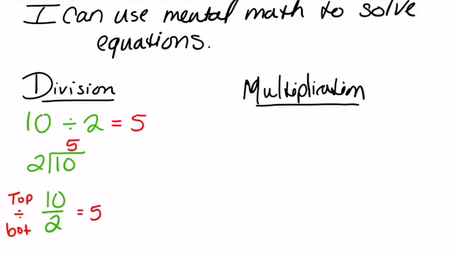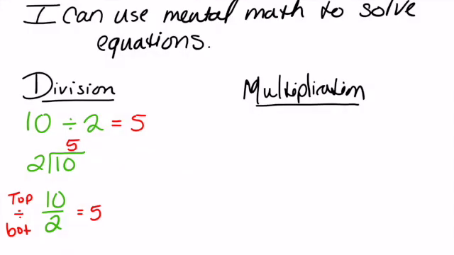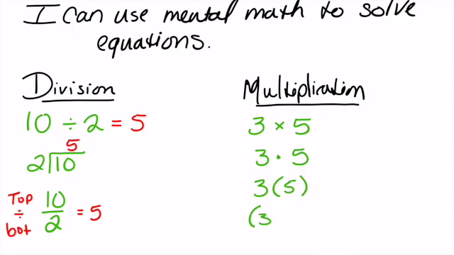Now with multiplication, you are used to seeing 3 times 5, but like I said, you're going to start seeing it written differently, like 3 dot 5, or maybe even 3 in parentheses next to 5.